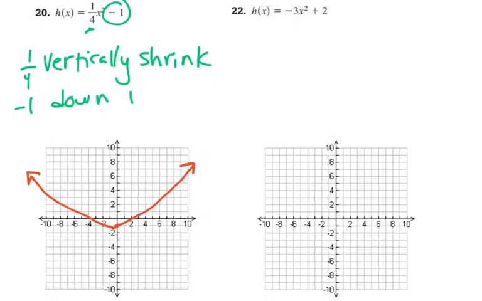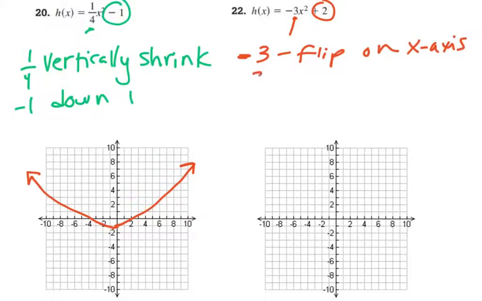Then the next one, we have a -3 that's doing something and a 2. So the negative part of -3 is going to flip on the x-axis. The 3 part of the -3 is going to stretch it vertically.